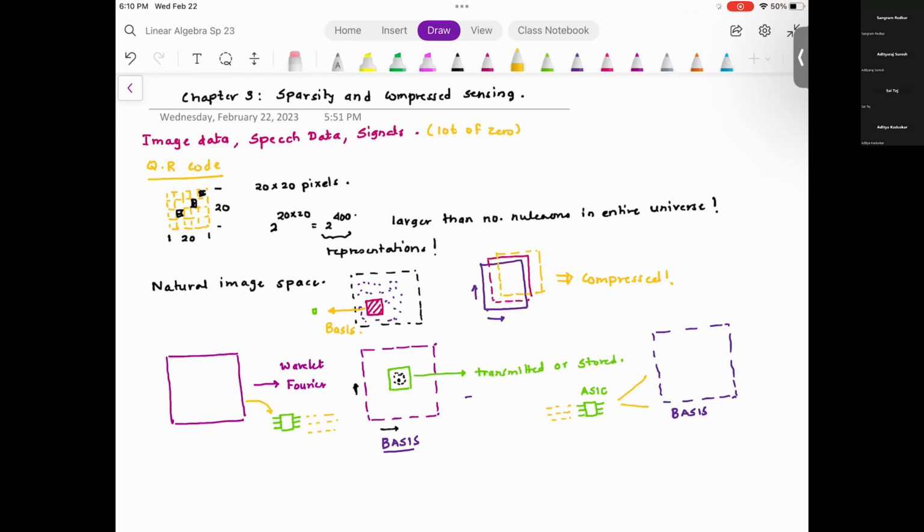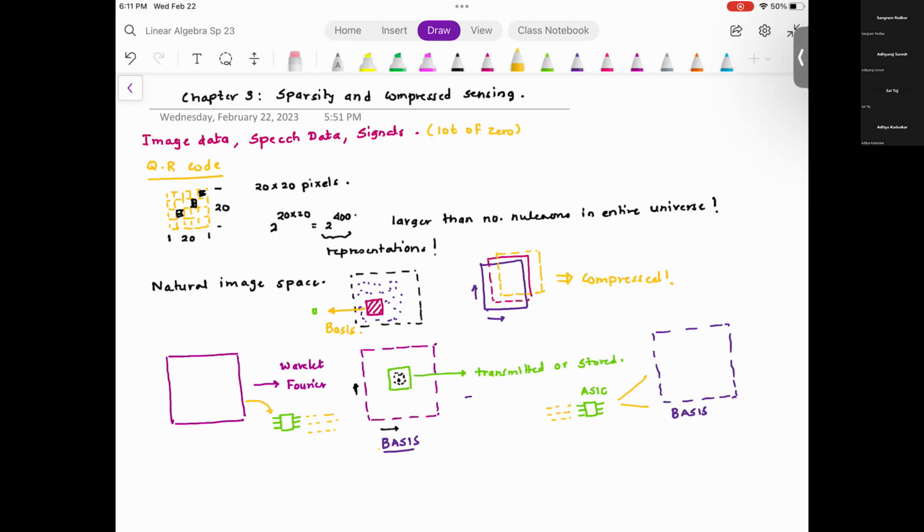Now what that means is the basis is not transferred. The basis is already pre-programmed in this ASIC. So the basis, or the algorithm to find FFT and IFFT, is already stored in this ASIC, and the only thing that gets transmitted is the coefficients in a digital form.